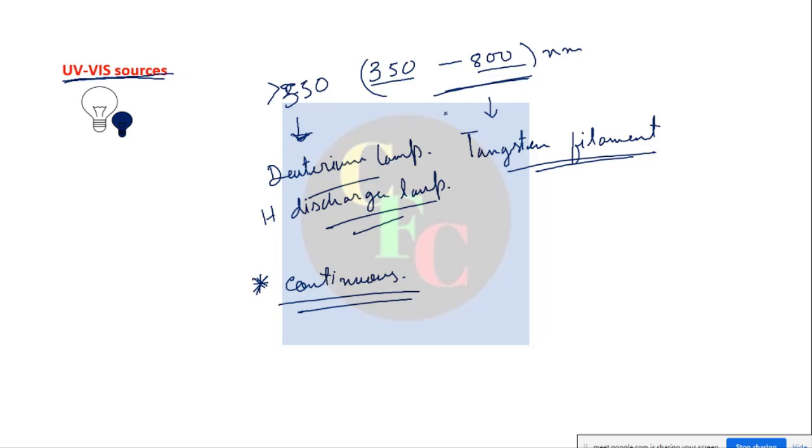It should emit all the wavelengths possible in that region. The second characteristic is that it should be even. It should not be that one wavelength is produced in high intensity and another in low intensity. So these two are the main characteristics of the source for UV visible spectroscopy.